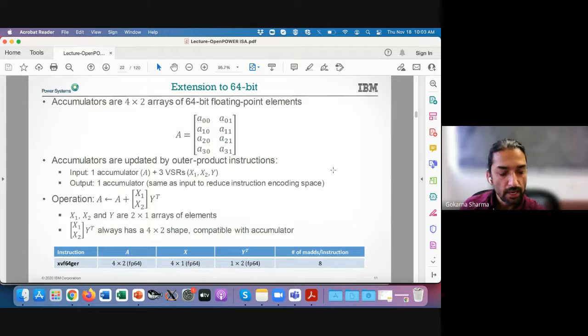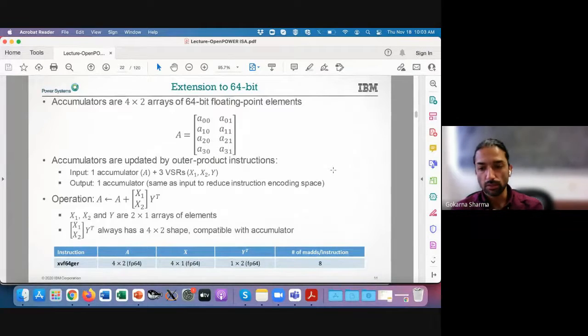The operation is A equals A plus X1, X2, and then the transpose of Y. X1, X2, and Y are 2 times 1 arrays of elements, and when you do this, it always gives you a 4x2 set.